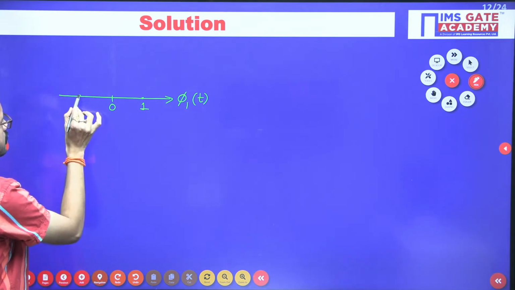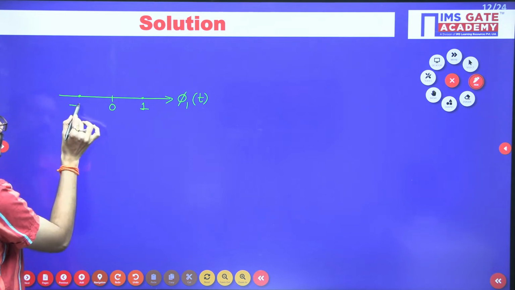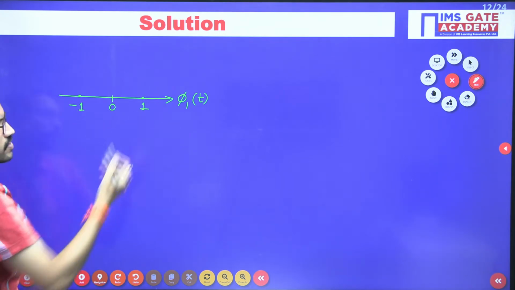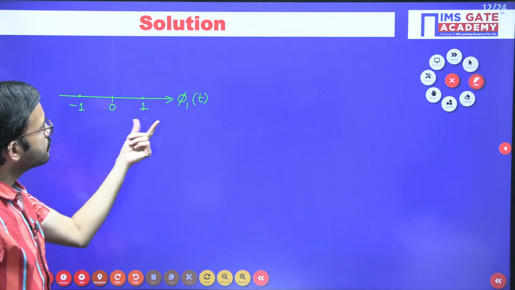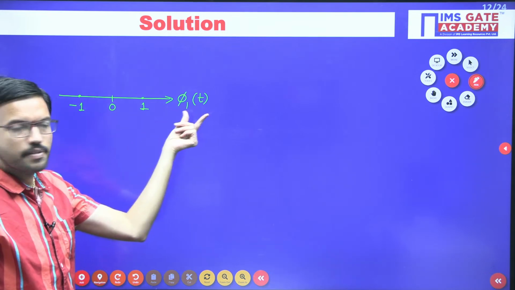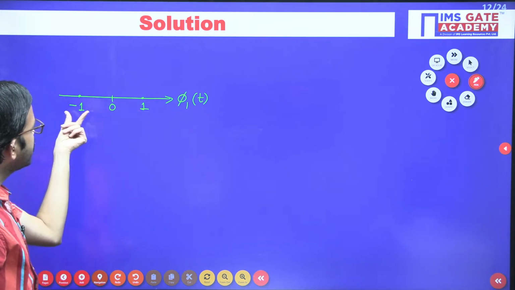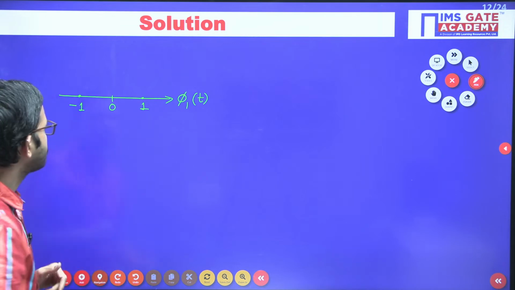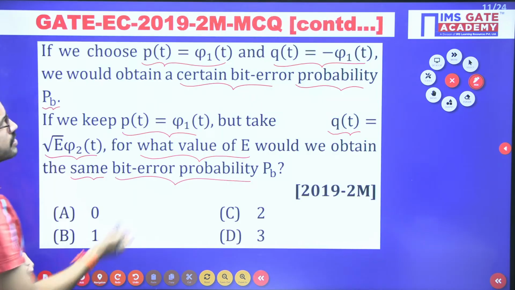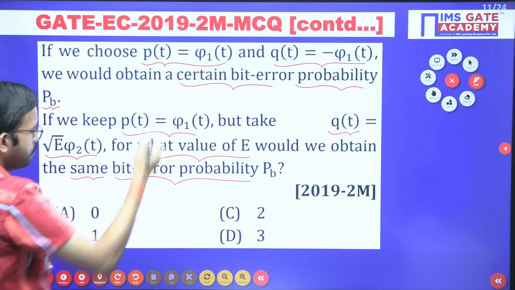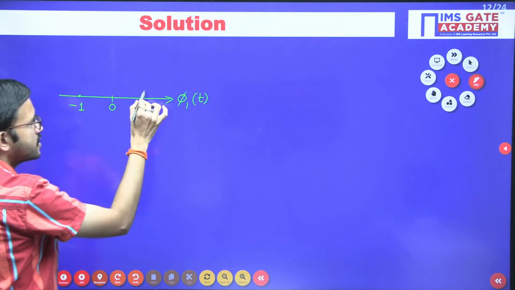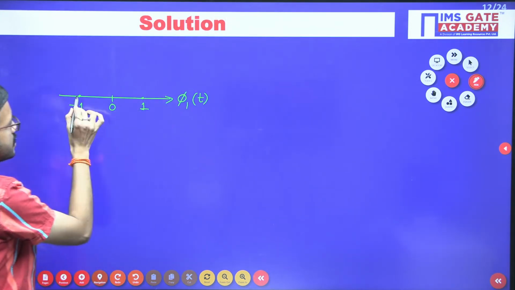Similarly, another one is minus phi 1 of t, that is nothing but minus 1 into phi 1 of t. See, it is very simple. Say for example, this is the x-axis. Here you are having x units, here you are having minus x units. That's all. So here P of t is nothing but phi 1 of t. That means this is one symbol, and this is another symbol.